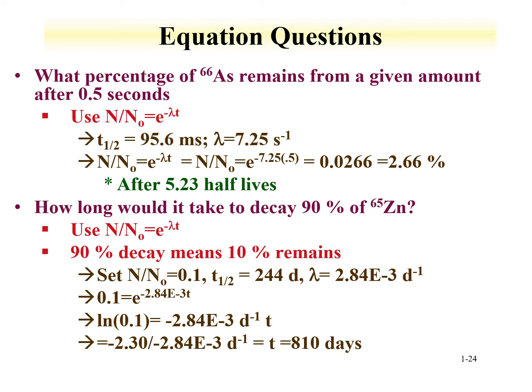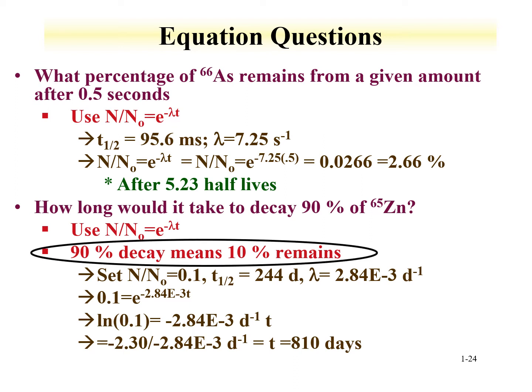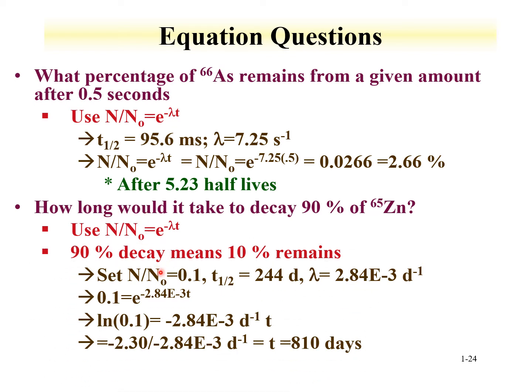As an example of that equation, how long would it take for 90% of a given isotope, in this case zinc-65, to decay? Well, let's use this equation again. However, we need to set up so that if we're talking about 90% of it decaying, the amount that remains is 10%. So you take 100 minus the percentage that you're interested in, and that will give you this ratio value, which I show here.